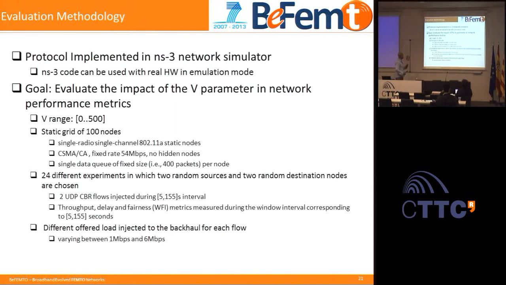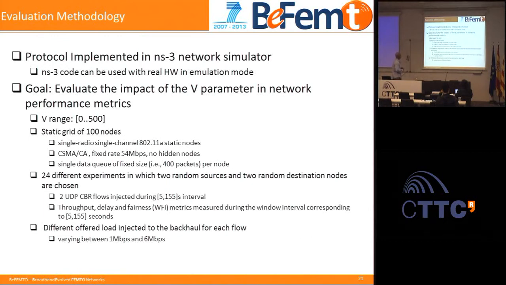We carried out several experiments varying the traffic injected to the network of femtocells between just 1 megabit and 6 megabits for every flow.